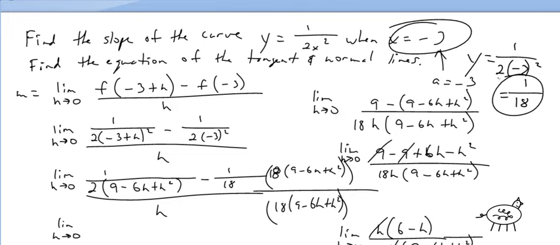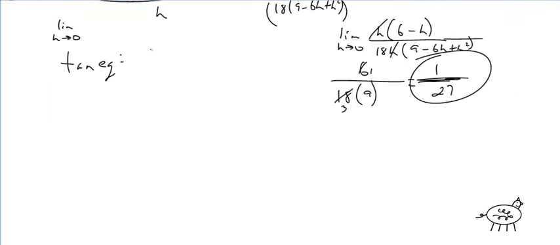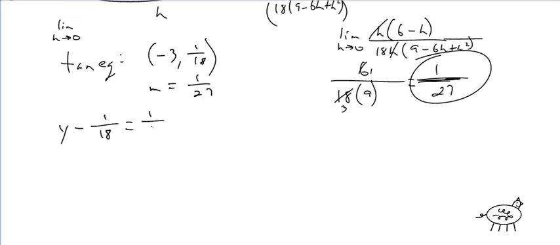So here's my coordinate, (-3, 1 over 18), and my slope is 1 over 27. So if I put it in point slope form, I get y minus 1 over 18 equals 1 over 27 times (x plus 3). Alright, that's really easy. Point slope form, you're going to use that.